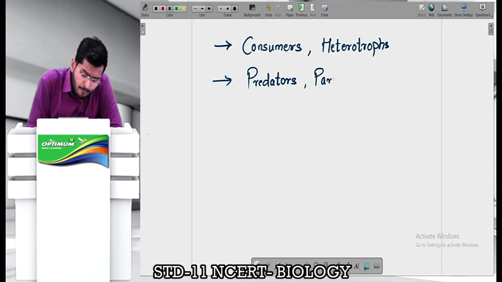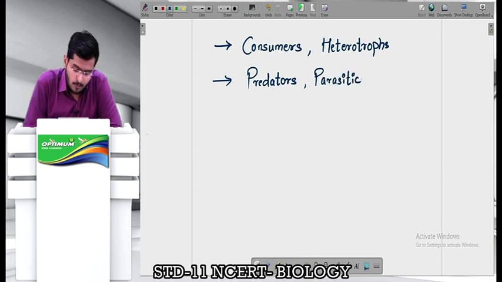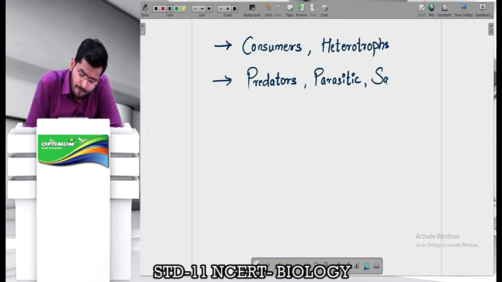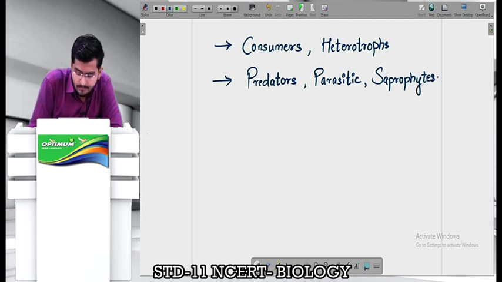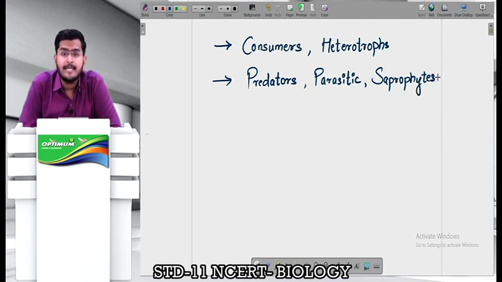Some are going to be parasitic, which means that they feed on their host. Okay, some of them are going to be saprophytes, which means they feed on dead and decaying matter, right? So they could be predators, they could be parasitic, they could be saprophytic. So these are the different types of animals that we have under kingdom Animalia, right?